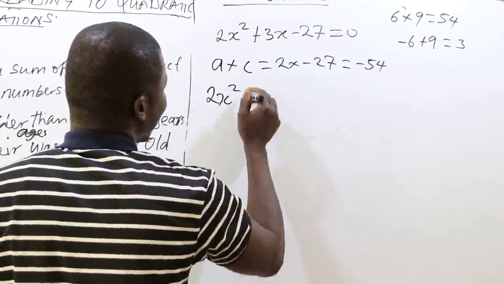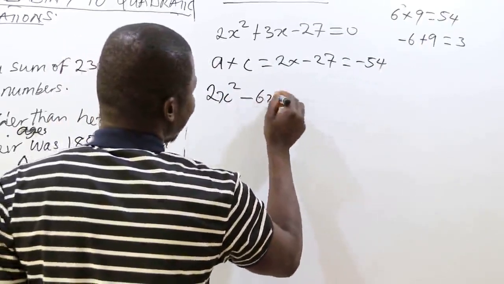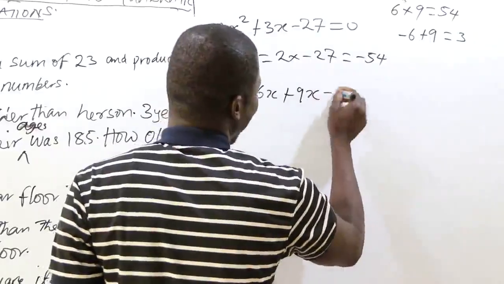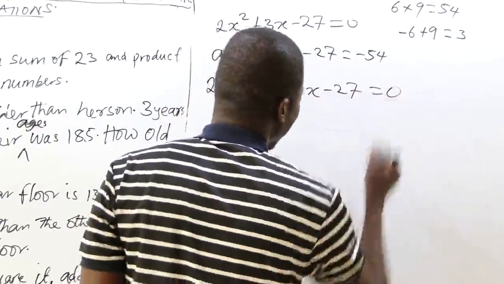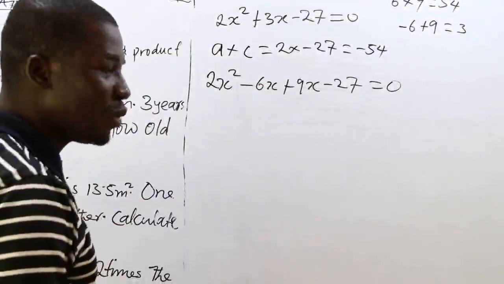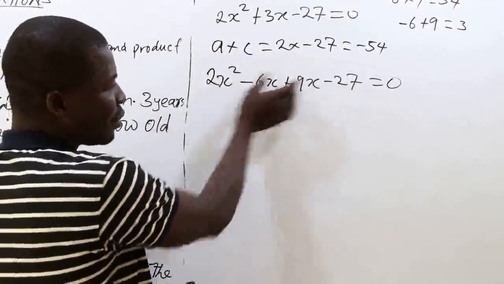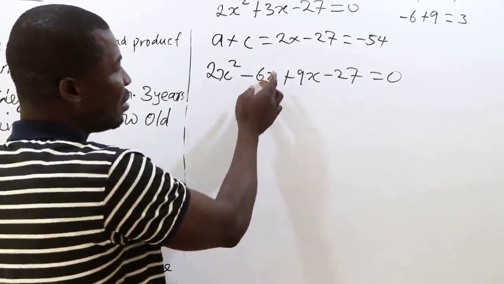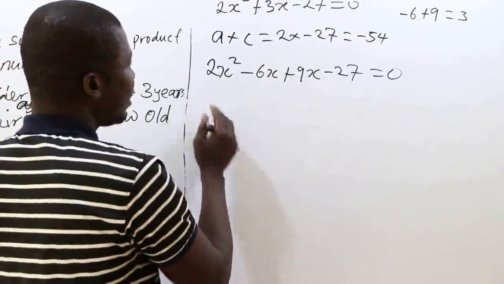So therefore, we are going to fix in the values of minus 6 and positive 9. 2x squared minus 6x plus 9x minus 27 equals 0. Now, we factorize by grouping what is common between these two terms and these two terms. Here we have 2x squared and here is 6x. So 2x is common.